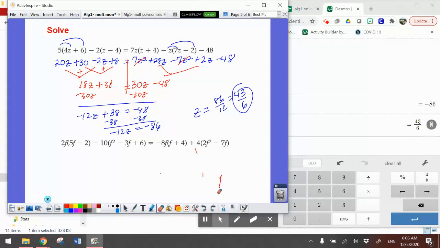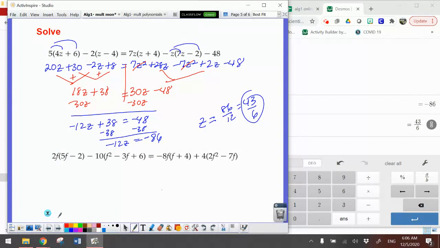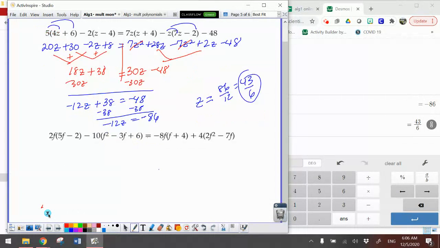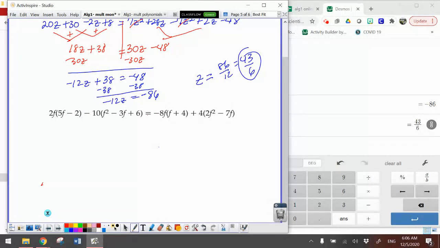Okay, if you haven't finished up the next one, go ahead and hit pause and do that for me. And I will catch up here in just a second. All right, let's see how we did here.